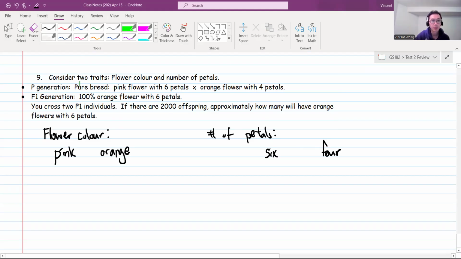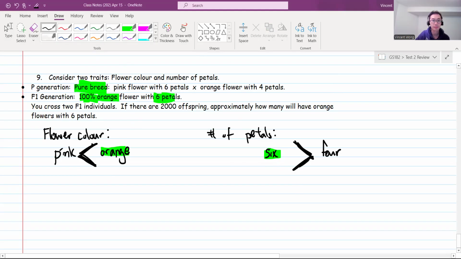But since they are pure breed, we can look at F1 to figure out which one is dominant. In F1, 100% is orange with 6 petals, which means orange is dominant over pink, and 6 is dominant over 4.